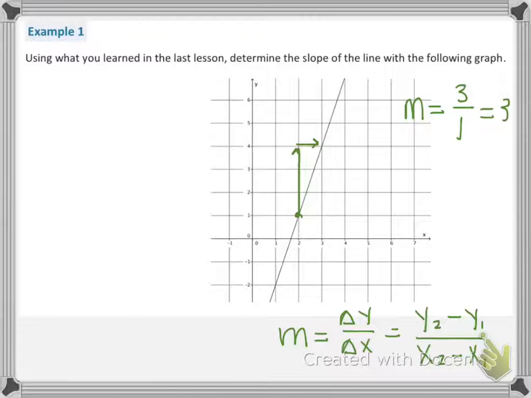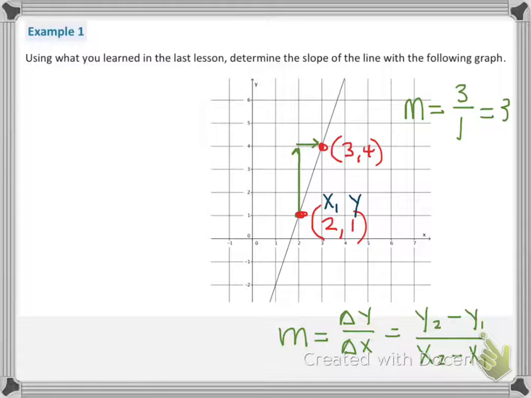Let's see if we can do that. Let's show you what that looks like. If I use the points that I've got here, this first point is the point (2, 1), and the second one is the point (3, 4). Okay, I want to make sure that I don't confuse myself, so I'm going to name my points. This is my first x point, or x1.